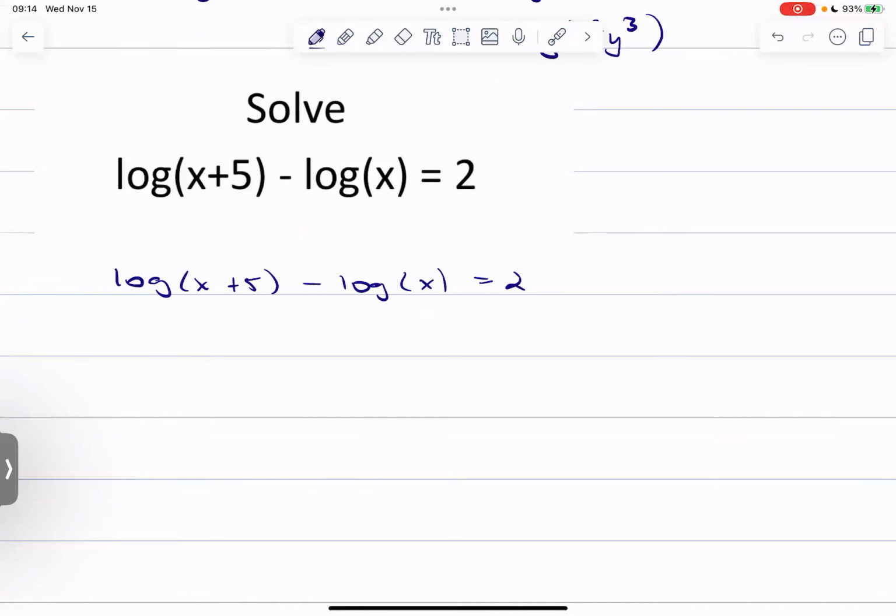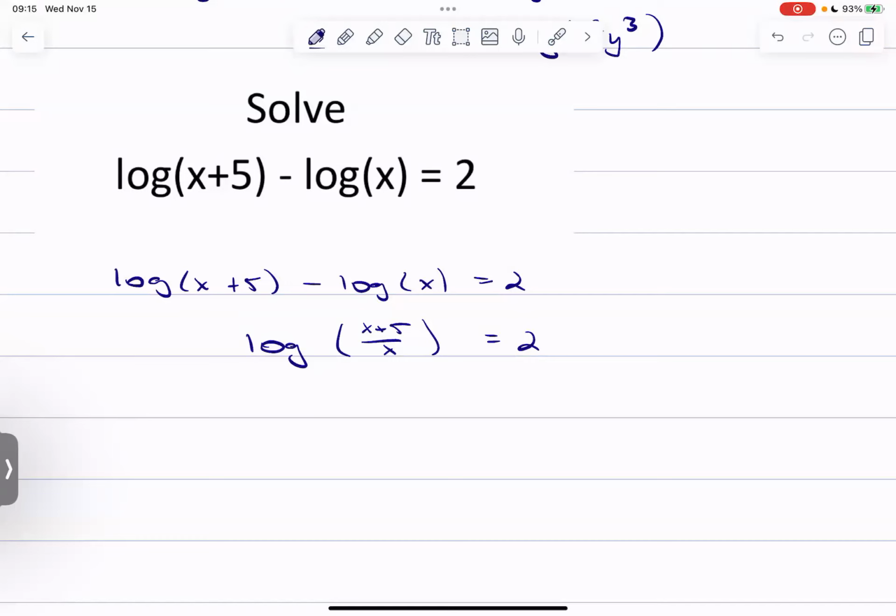So if I have subtraction of logs of the same base, then I can rewrite that as the log of x plus 5 divided by x is equal to 2. I want to get at what's inside that log, right?